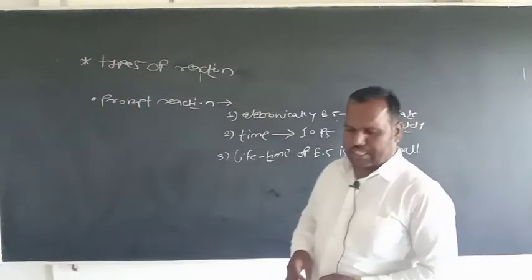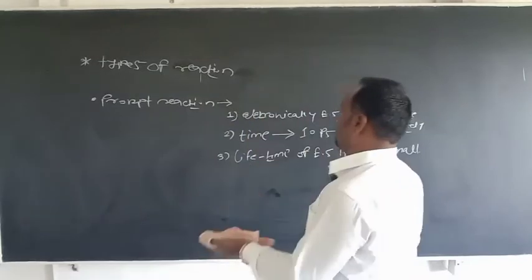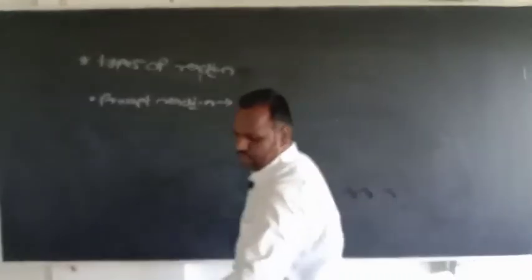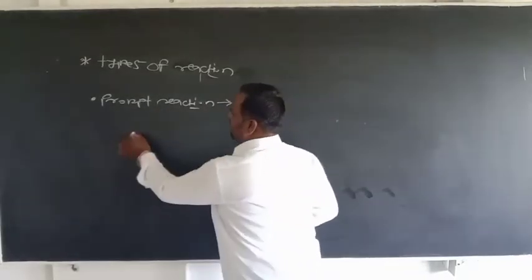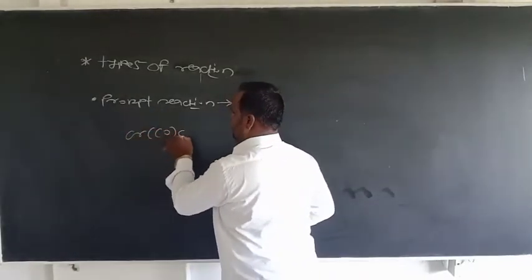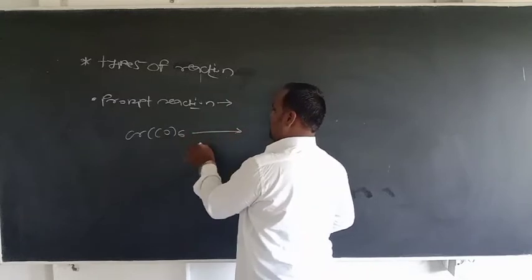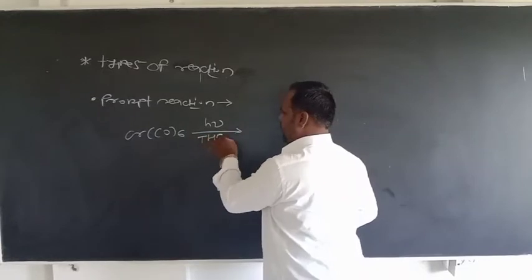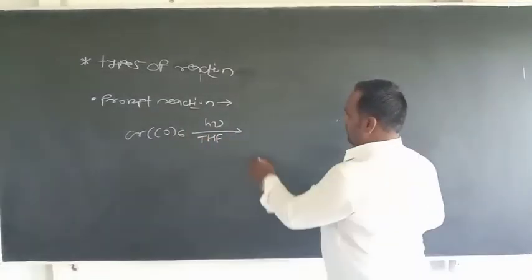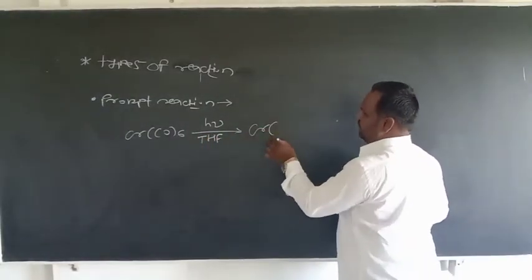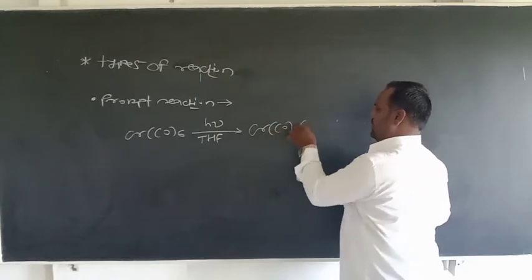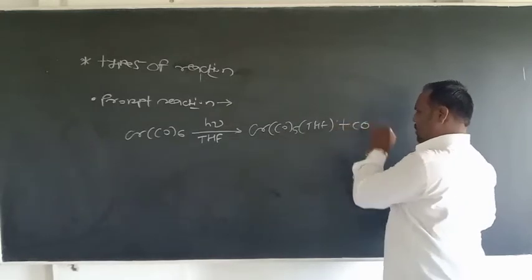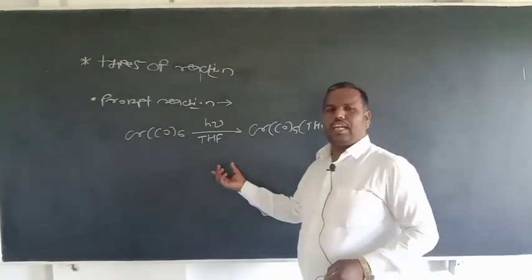So let us see some examples of this prompt reaction. The first example is Cr(CO)6 in presence of hν, that is light radiation, and in presence of a solvent such as tetrahydrofuran, it will convert into Cr(CO)5(THF) plus one CO. So this is a decarbonylation reaction.